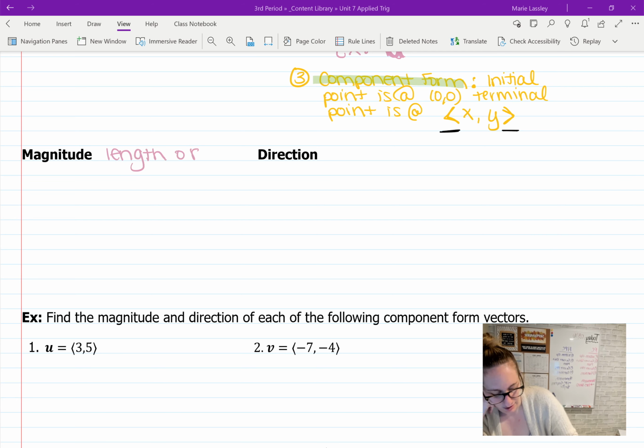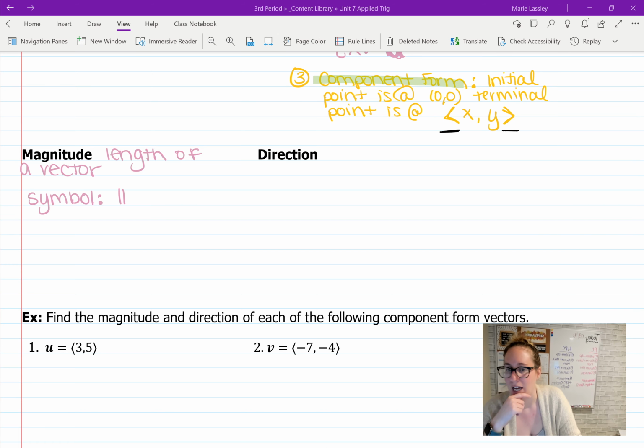All right, and the symbol for magnitude is a little funky looking, but it's nothing super crazy. The symbol is like a double absolute value sign. So you have double bars on the outside, and usually what goes inside is whatever you're naming your vector. So for instance, we could say lowercase bold u. So this represents the magnitude of vector u.